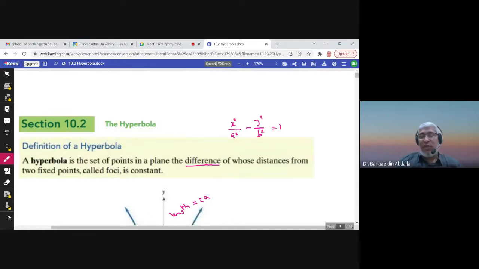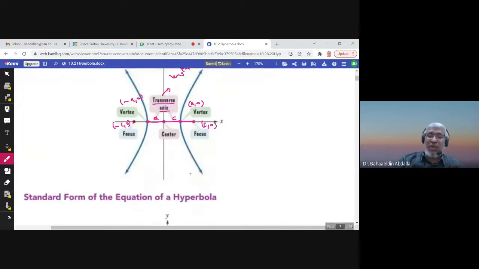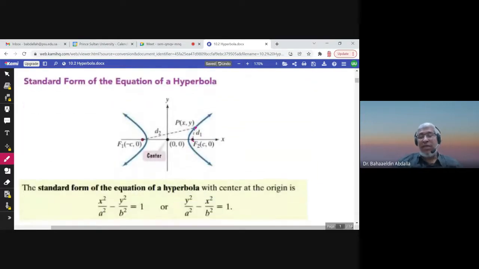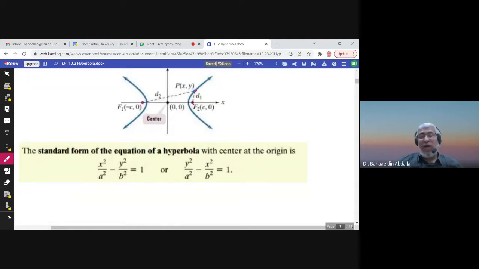So distance PF1 minus distance PF2 is equal to a constant. So the equation of the hyperbola, if you use this definition, you will find that the equation is like this. Similar to the equation of the ellipse, but instead of plus, we have minus.